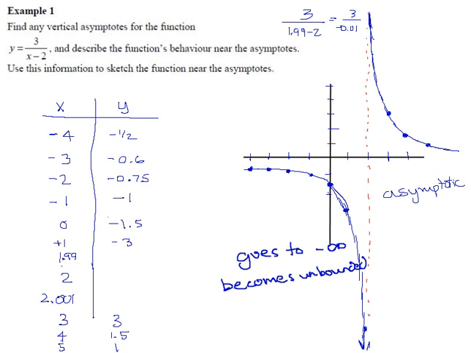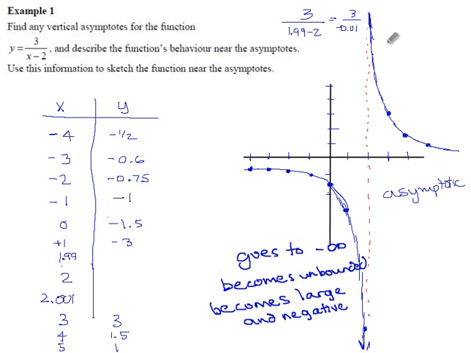Unbounded means there's no limit to how low it can get. You can say it becomes large and negative. Or infinitely large, or sometimes they say arbitrarily large, which means pick any number you want, it'll get that big. Any of those things are true for this side.